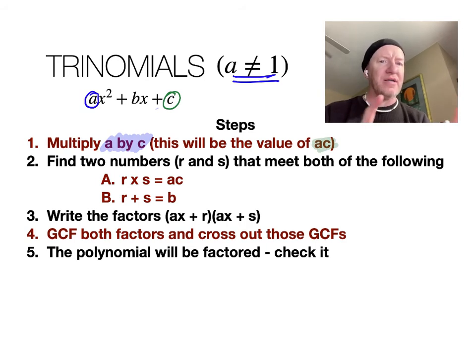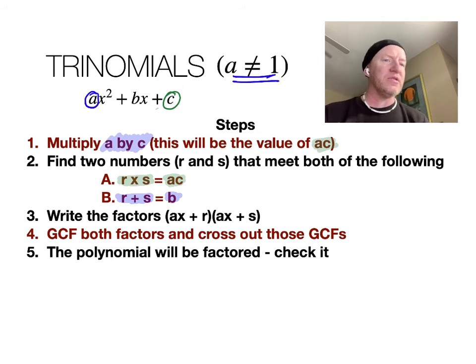And that value has to meet the same conditions we had yesterday. The product of r times s has to equal a times c, not just c anymore, but that product we found. And at the same time, those two numbers have to add to b.